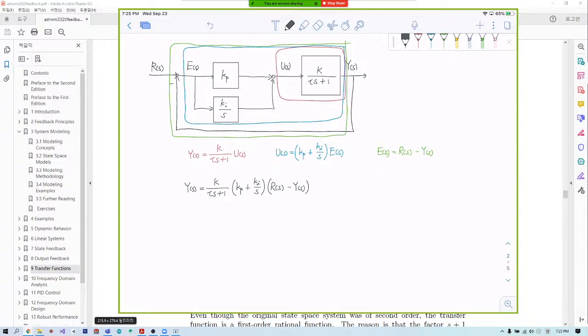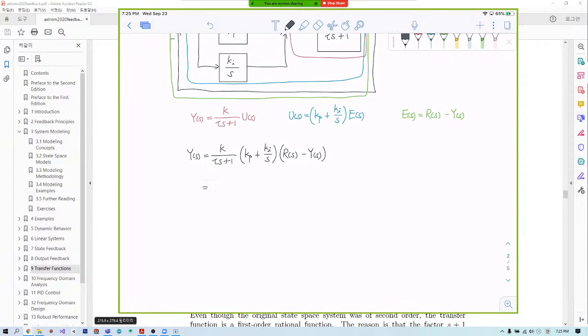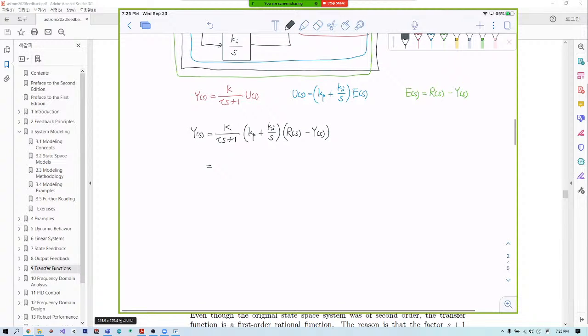Okay. Now let's try to expand these things just to make the equation clear. What are we going to have?